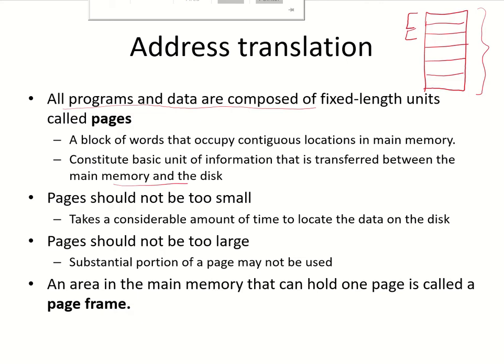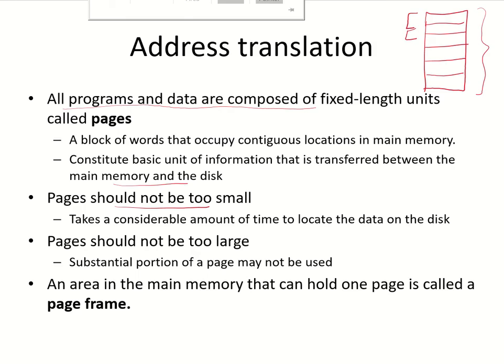Now these pages should not be too small. Why? Because the time taken to locate a particular address or particular data on the secondary disk, on the magnetic disk, it takes time. Once it has been located, the time taken to transfer it to the main memory will be very less.